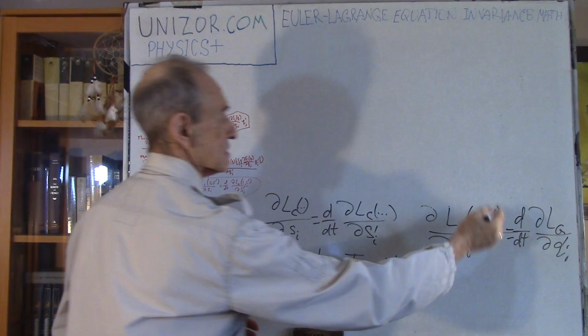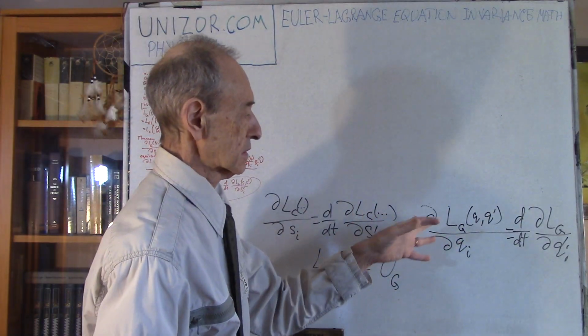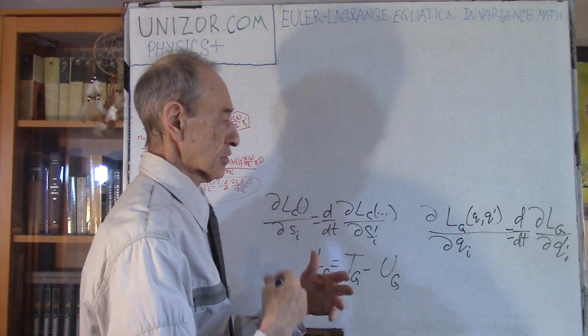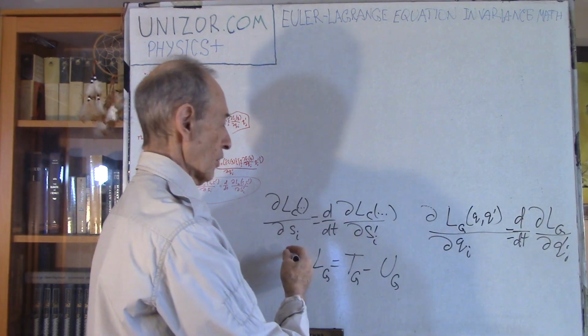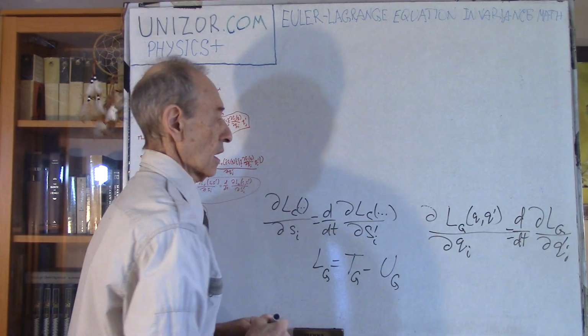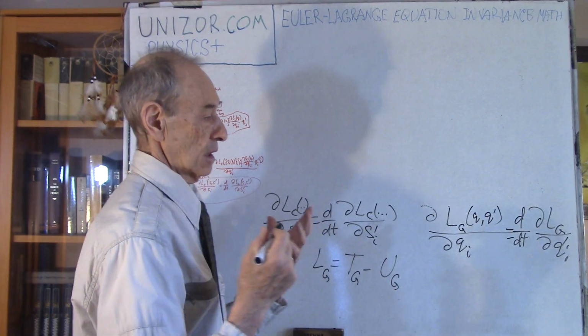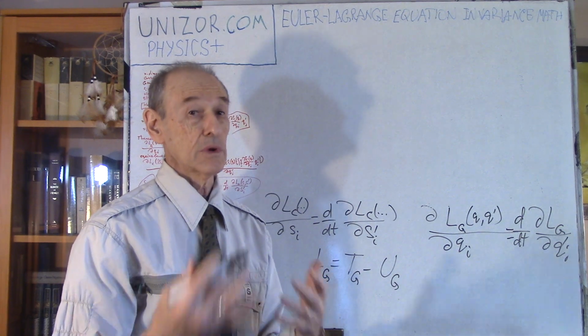I mean, what is this? Well, to prove that this particular equation takes place, I should somehow be able to derive this equation from this one, right?